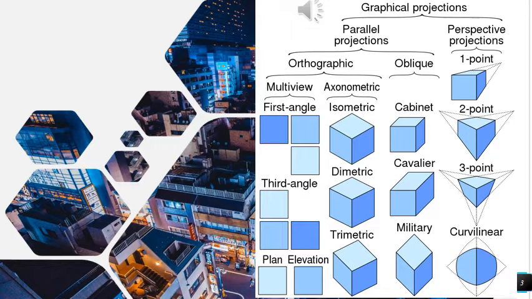And when we define orthographic projection, that is divided into two parts as well: the multi-view and the axonometric. The multi-view, which we have already done, is about 2D drawings, where we don't have three-dimensional object detail, but we have a two-dimensional plan, elevation, and side elevation, all the details, and that shows the correct measurements of the object.